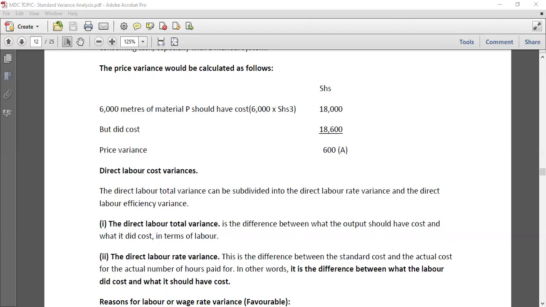So if you have the iSpower book, it's on page 118. Okay, it's 118. It's example number 3.